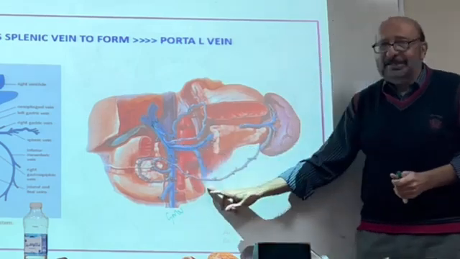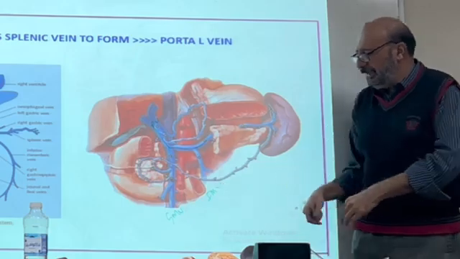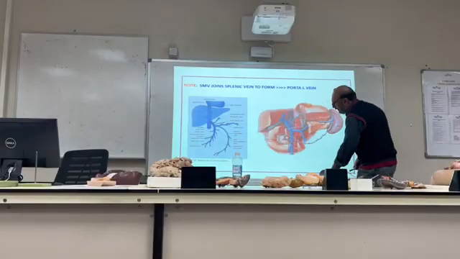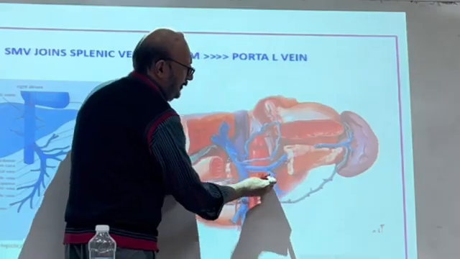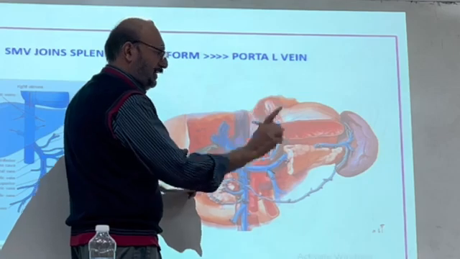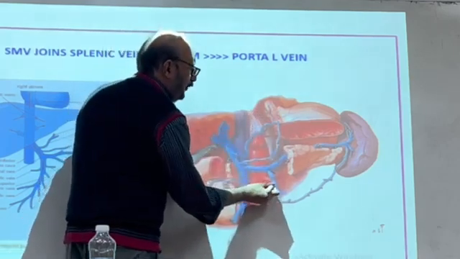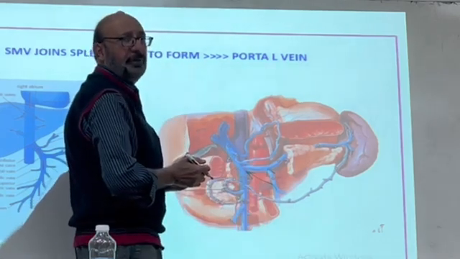Now the inferior mesenteric vein has many options. For example, the inferior mesenteric vein can join the splenic vein. Classically, this is what usually happens. Or it can join here at the junction. Those are variations.